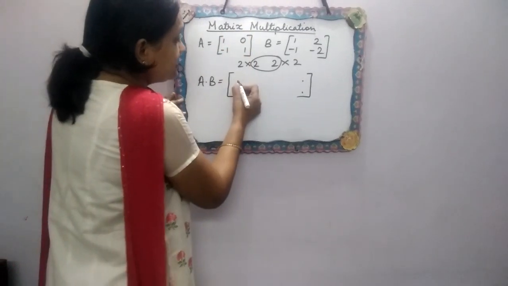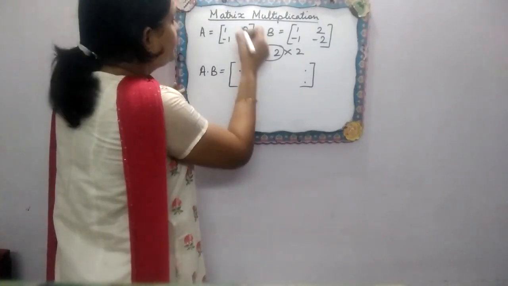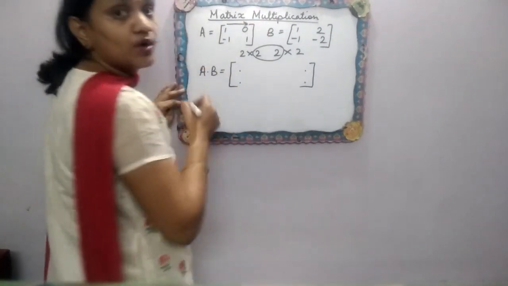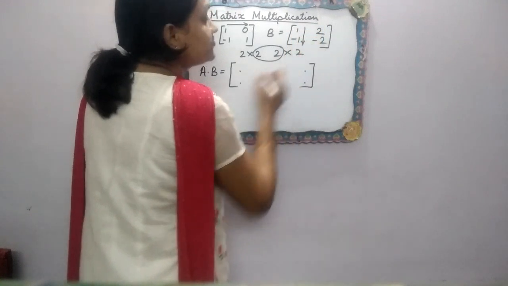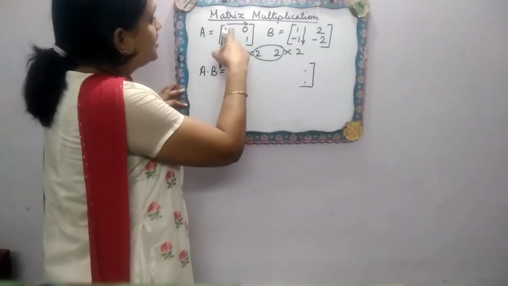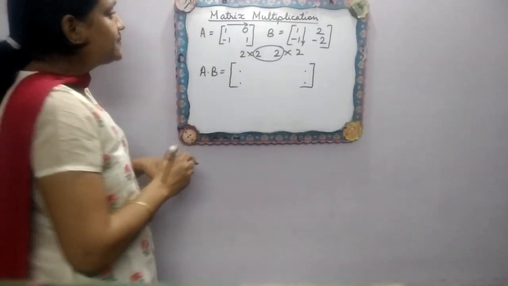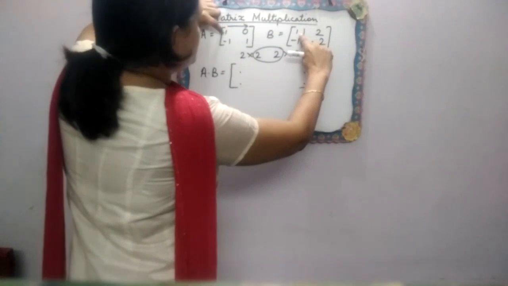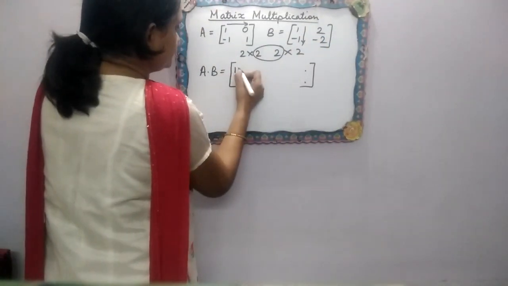For getting this element, which is in the first row, first column, we need the first row of the first matrix and the first column of the second matrix. First row, first column. Okay, so how do we multiply? 1 into 1 and 0 into minus 1.